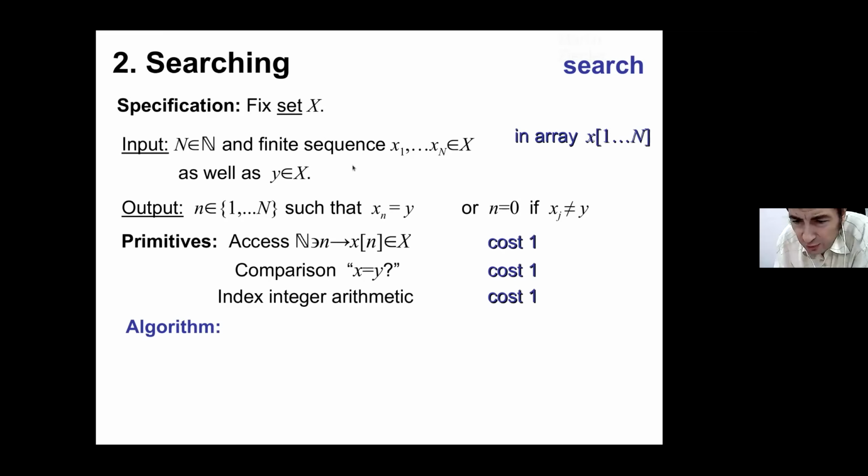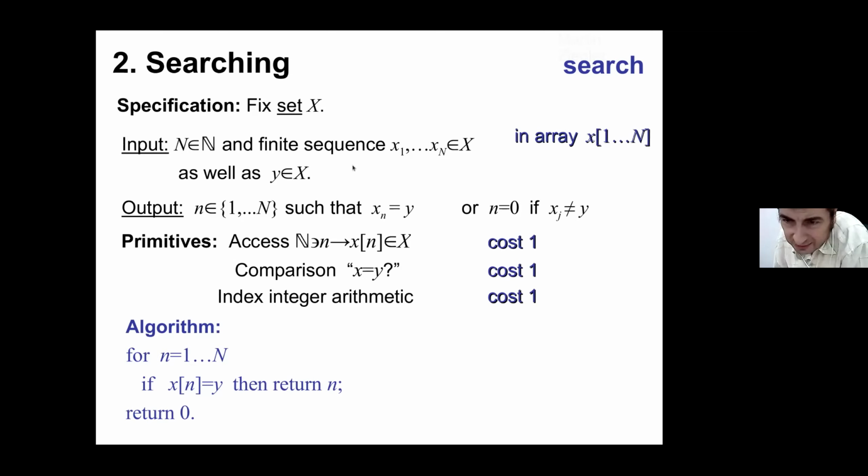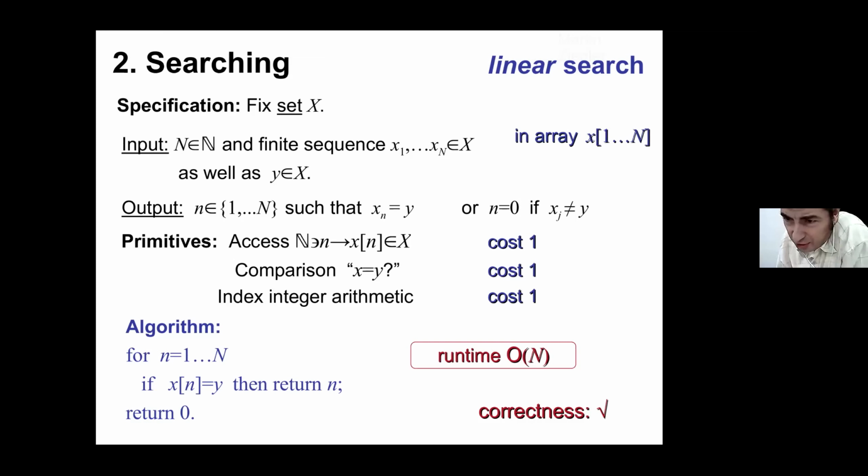Okay, and the first one was the naive linear search. We said you can do this for every arbitrary array, and the runtime is linear, and simply you check every element. You can't do any better.